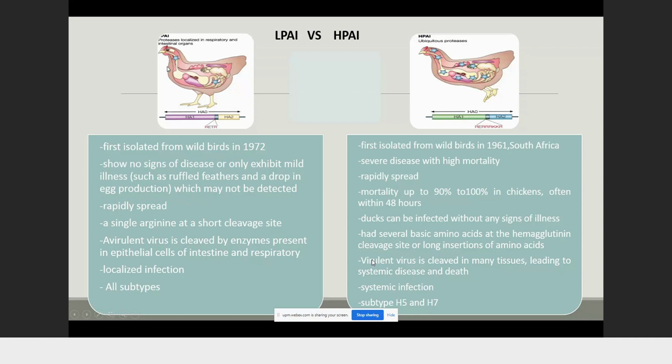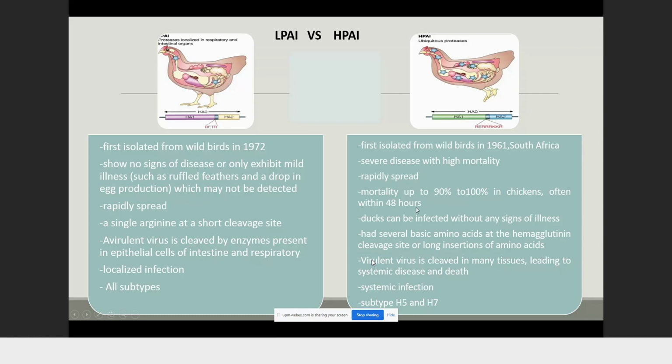This cleavage site determines the rate of success, whether the avian influenza can replicate in the receptors or target cells. Because the protease is present only in the local part, the infection is localized, and the clinical signs are also mild.